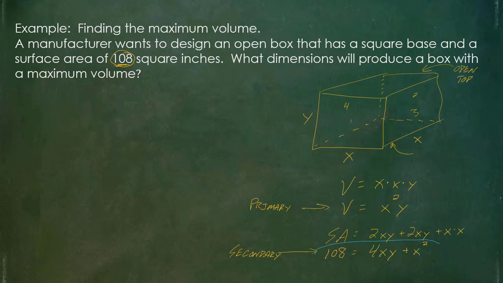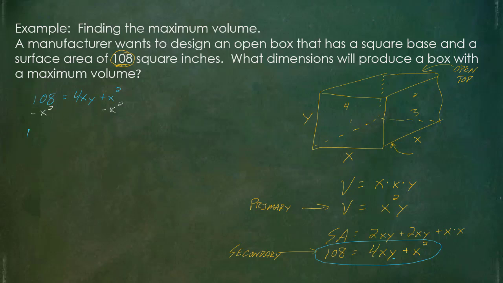So I'm going to focus my attention on this secondary first and actually try and isolate a letter. It looks to me like there's only a single y, so I should be able to isolate that relatively easily. If I just set this up off to the side, I've got 108 equals 4xy plus x squared. I'd first want to subtract the x squared.